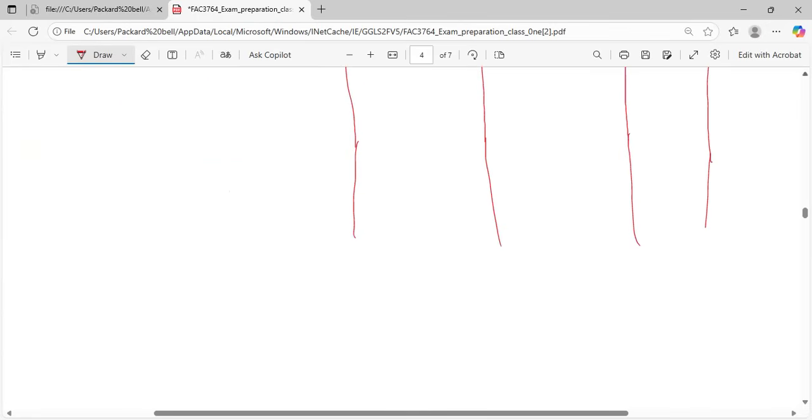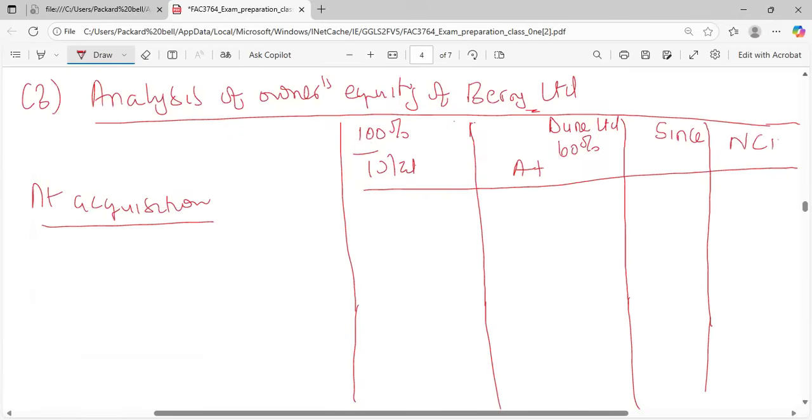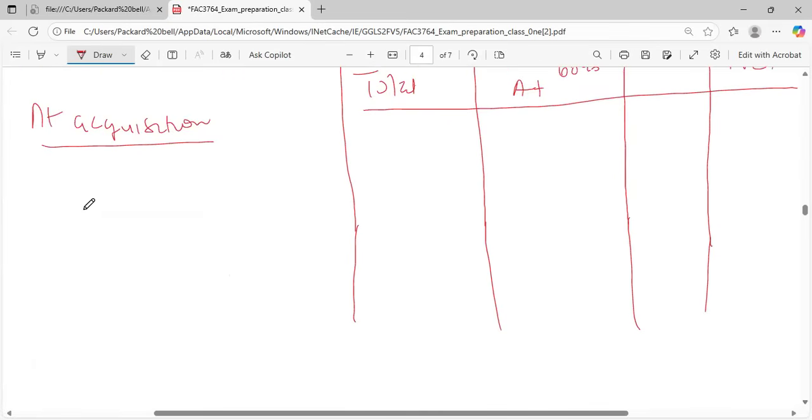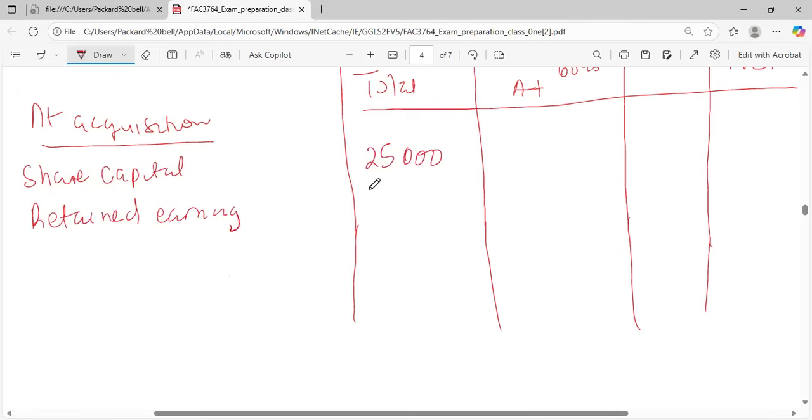Right, so which means here at acquisition we're going to have share capital 25,000. Then retained earning, our retained earning is 260. Then we have a revaluation surplus.